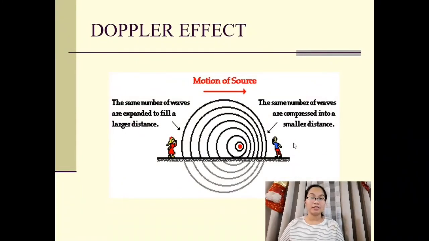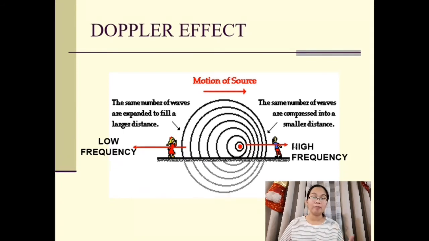If it's compressed, the frequency increases. But you can see on the left side that the frequency decreases because the waves are farther from one another. Mas farther yung space between the waves. So if the frequency of sound on the right side is different from the frequency on the left, we can now say that the pitch of sound also differs. Iba yung pitch on the right and iba yung pitch on the left.